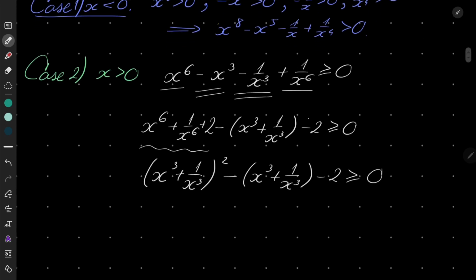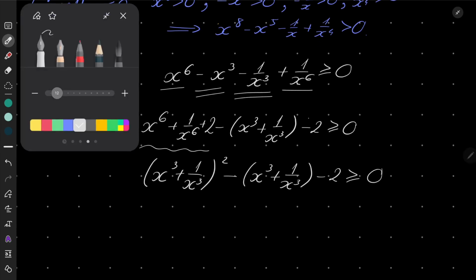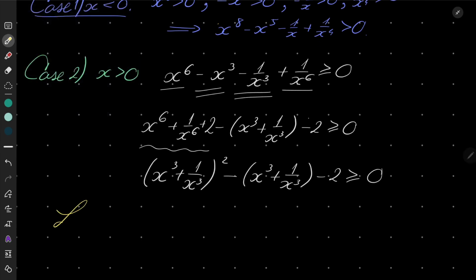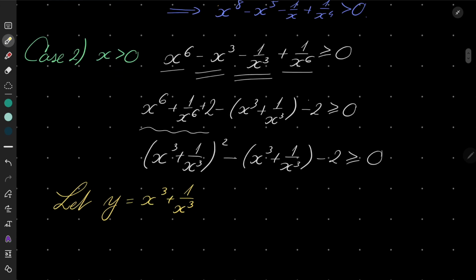And now we can make some kind of substitution. So let, for example, y equal x cubed plus 1 over x cubed. Let's notice something: we can do the following trick.